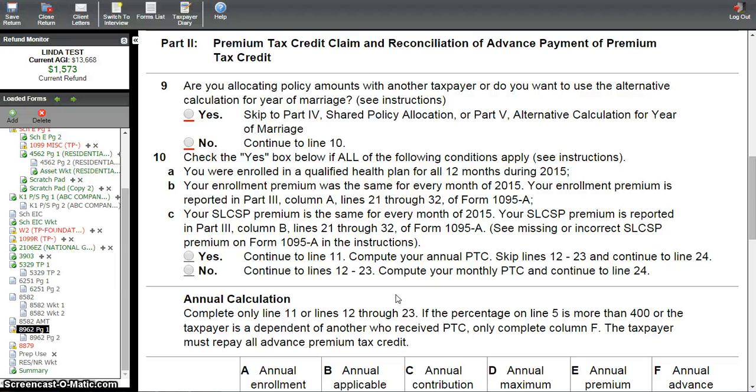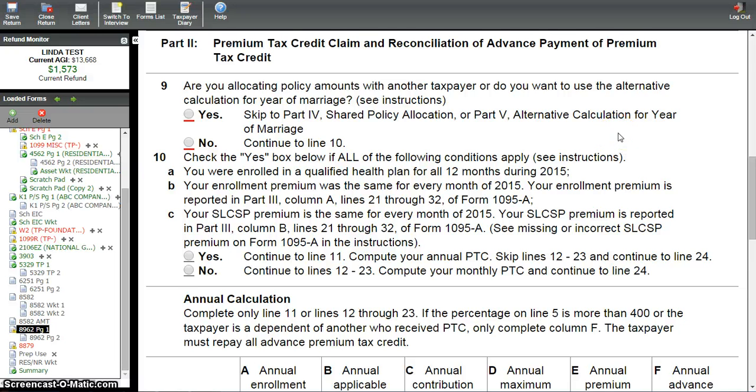Also, if a couple marries during the tax year and one of them or both of them purchased insurance through the marketplace, there is an alternative calculation that could either lower the amount of tax they owe or increase their refund. If they choose to do that alternative calculation, that is also out of scope for VITA.